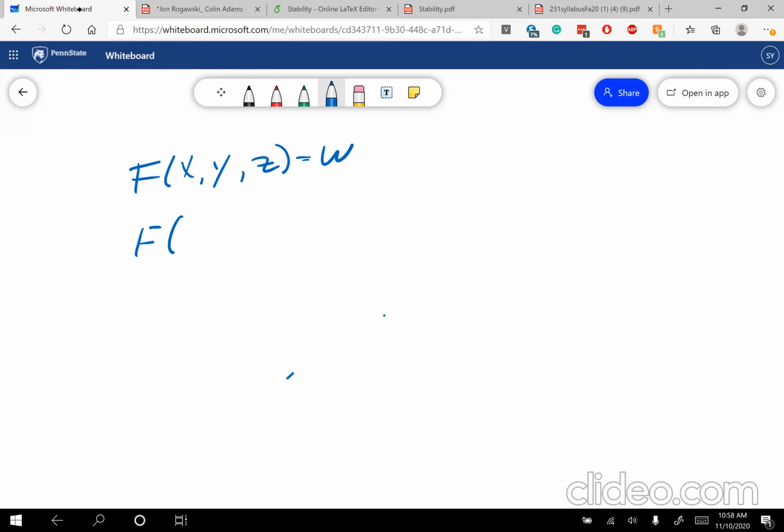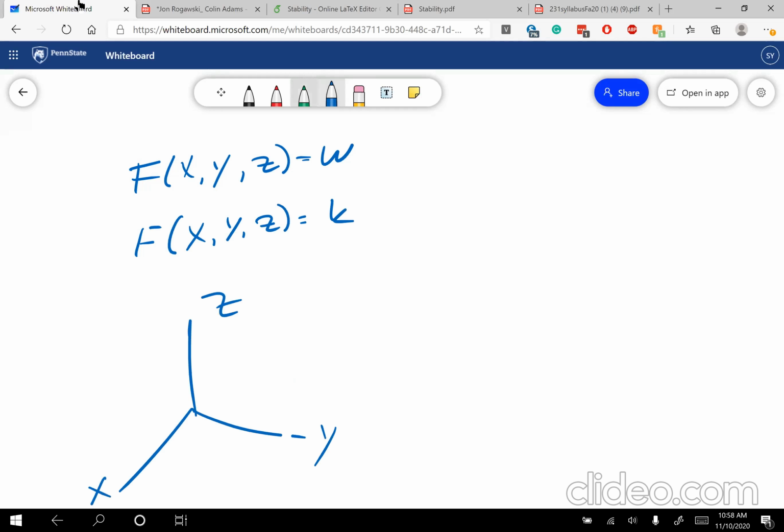And then we can think of a level surface, this equal to k, some constant. And that would give us some surface in 3 dimensions. Let's say it looks like that.